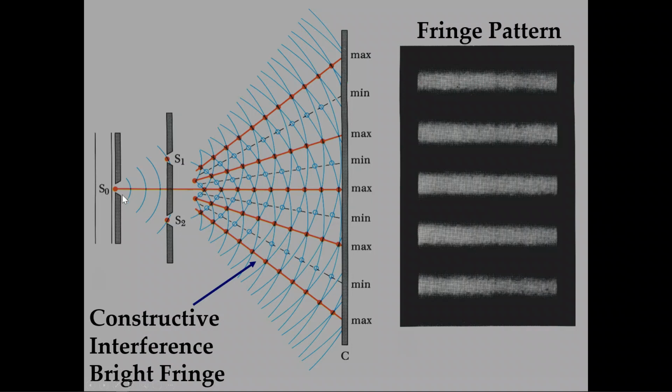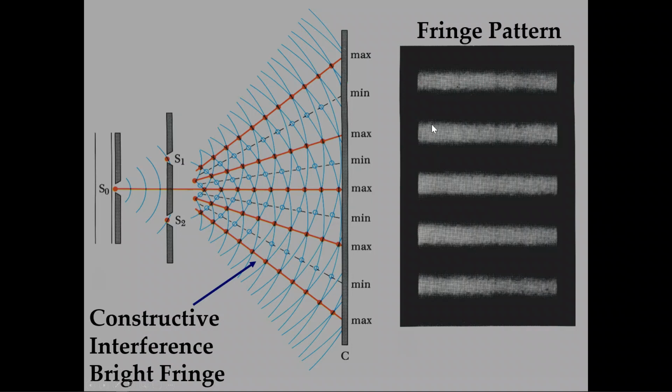So here's an example of his experiment. You have a source, and the light waves go through a slit, and then these waves then go through these two slits, and these waves interfere with each other, and when you look on the screen you will see a bunch of bright spots and dark spots.